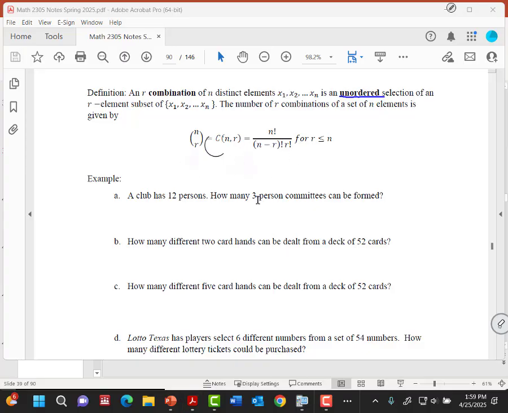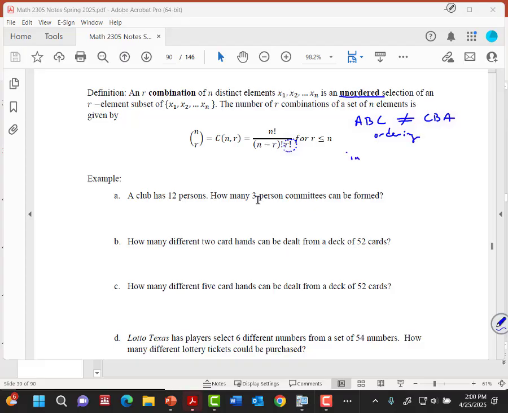Now the formula for a combination, similar to that of a permutation with this one little difference right here. I have this R factorial factor that's in the denominator. What that does more or less is it eliminates the duplicates. See, in a permutation, ABC is different from CBA because this is a different ordering.